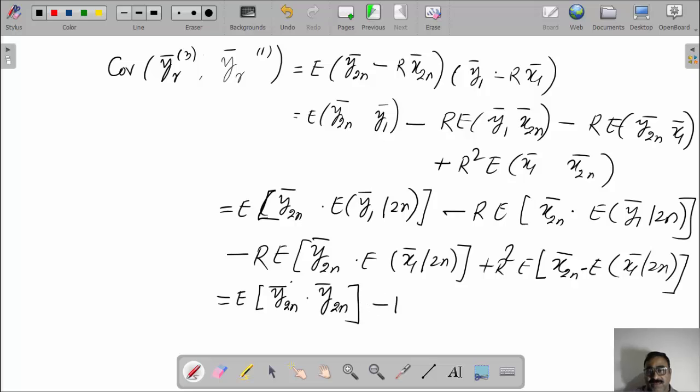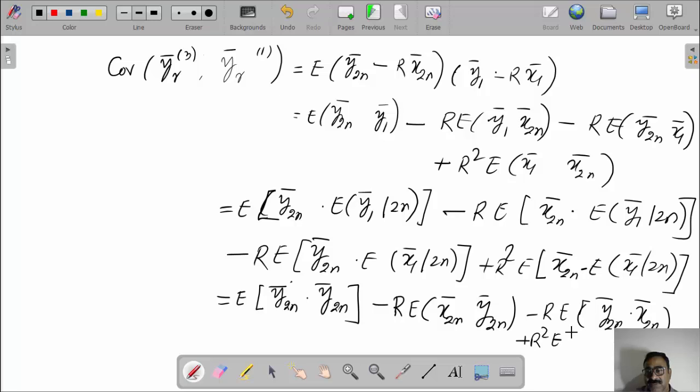So minus r expectation of x2n bar into y2n bar, because this will also be y2n bar, minus r expectation of y2n bar into x2n bar, plus r square expectation of x2n bar into x2n bar.